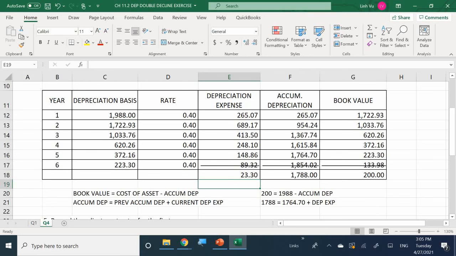Look at my book value at year 5. It is $223.30. What's my end goal? 200. So how much is the difference between that?